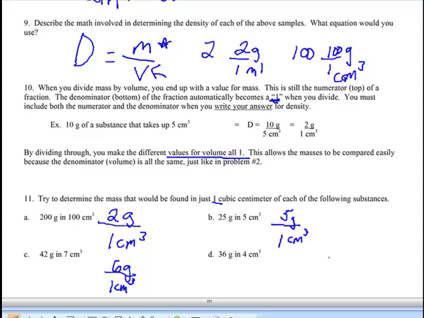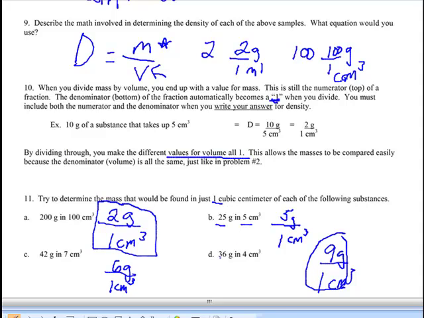And 36 divided by 4 is 9 grams divided by 1 cubic centimeter. So we can now easily look at this and say, this one is most dense, and this one is least dense. I wouldn't have been able to make that determination that quickly before, when both the mass and the volume were different.